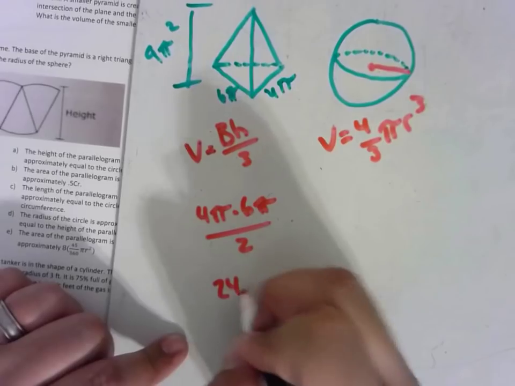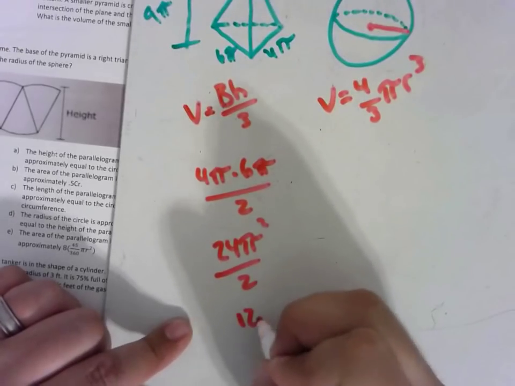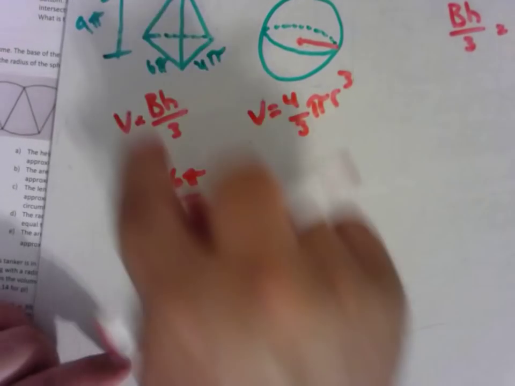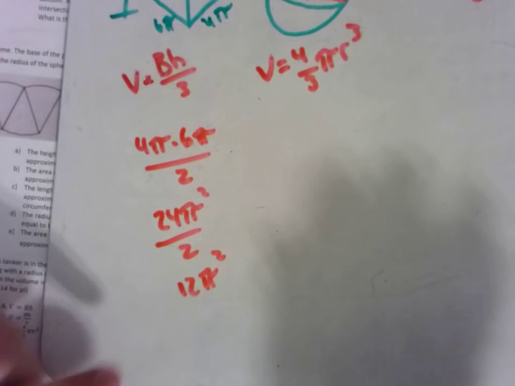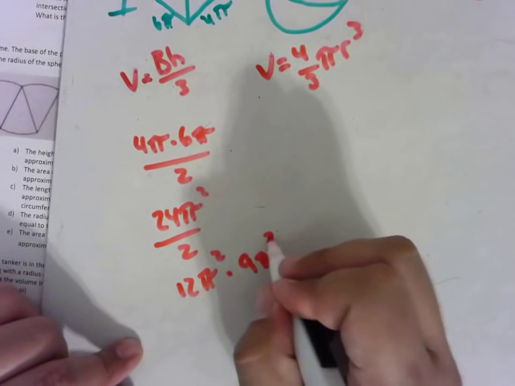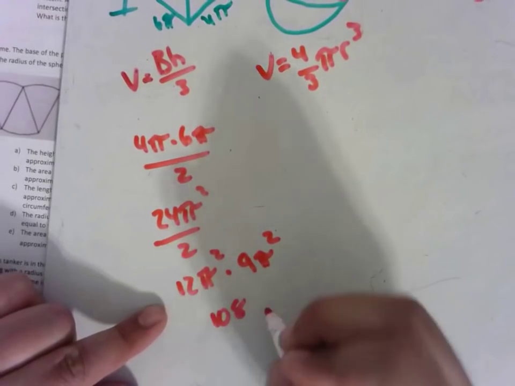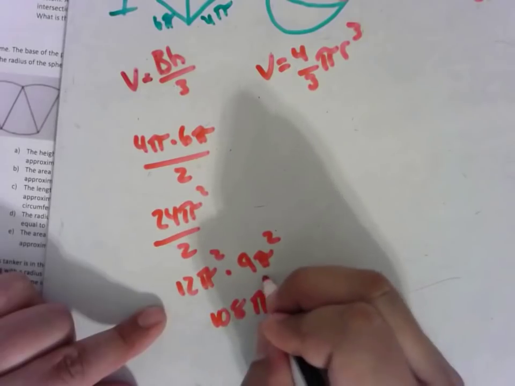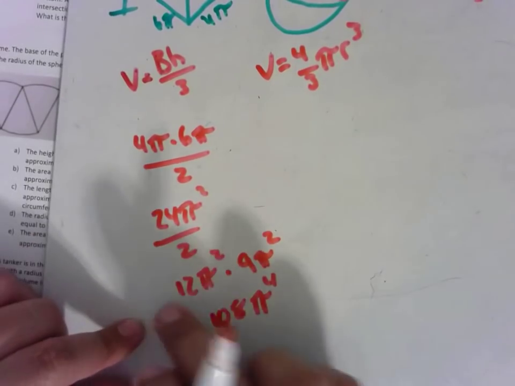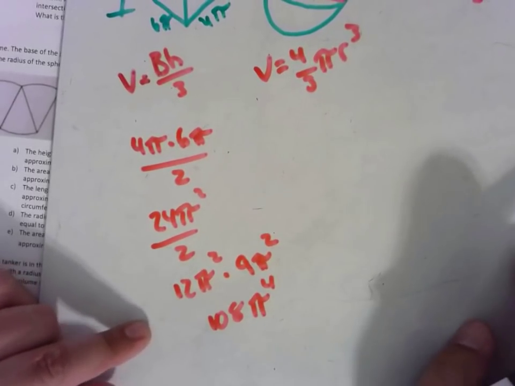This would be 24 pi squared divided by 2, which is just 12 pi squared, times the height. The height was 9 pi squared. So this becomes 108 pi to the 4th. 12 times 9 is 108. Pi squared times pi squared is pi to the 4th.